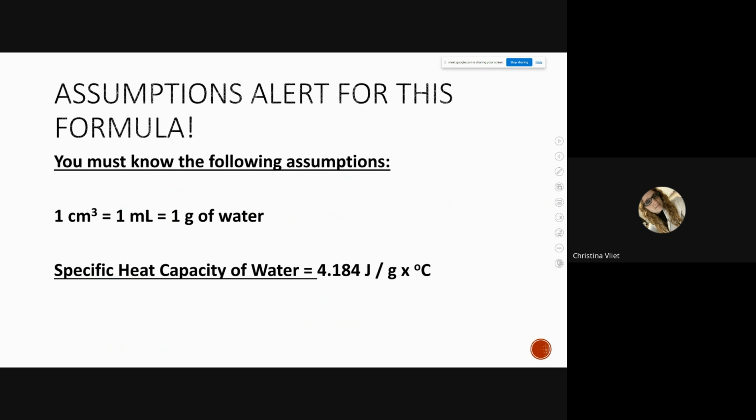And why am I going to call this an assumption? Because if you have a dilute solution, what does dilute mean? You can use this assumption.